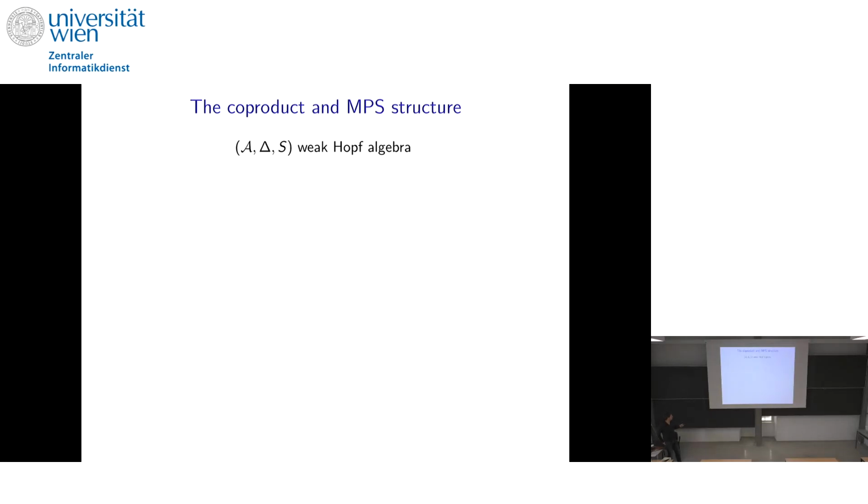So if you have a Hopf algebra, let's just momentarily forget about the antipode. Just concentrate on the algebra structure together with the coproduct. And actually, let's also forget about the fact that we have an algebra. We just have a vector space and a coproduct. This structure is what is called a coalgebra.